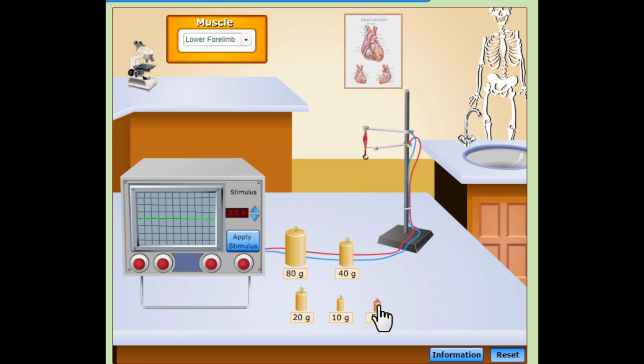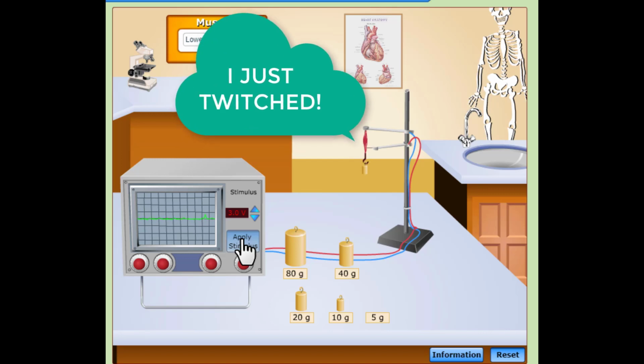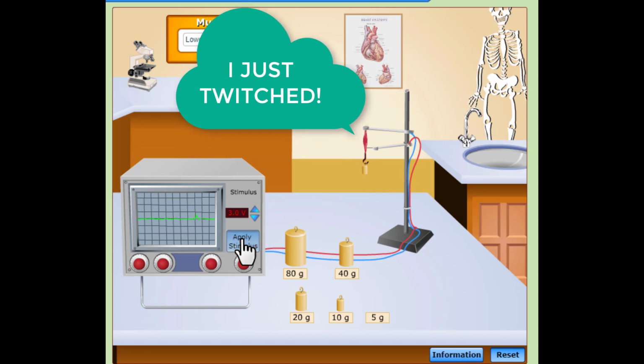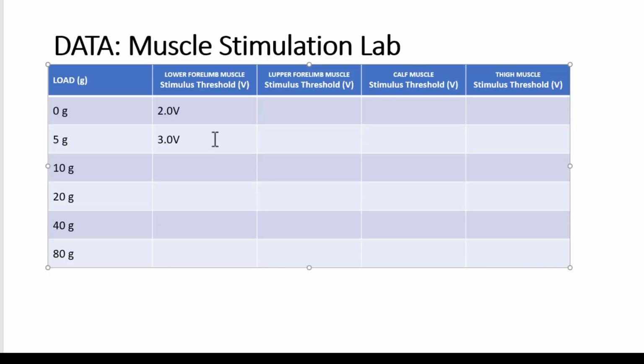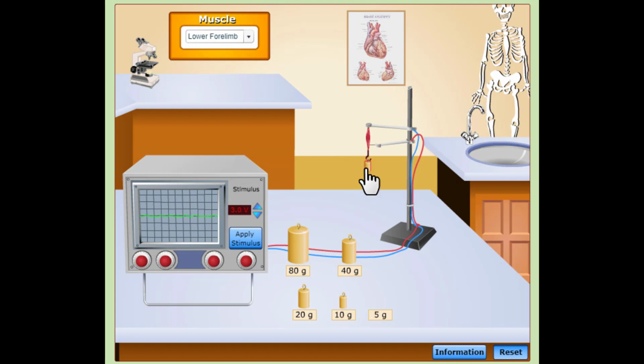Let's now place the 5-gram weight onto our muscle and find the threshold stimulus for this muscle with a 5-gram load. Here we see that with the 5-gram load, the stimulus threshold is 3 volts. Let's try this again with a 10-gram load.